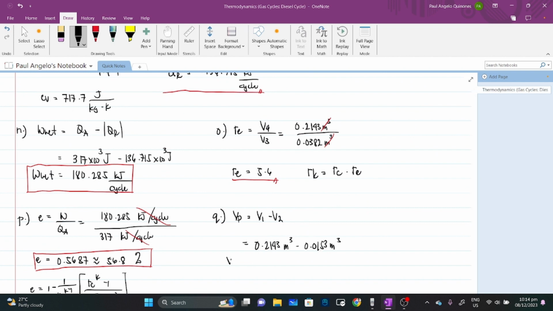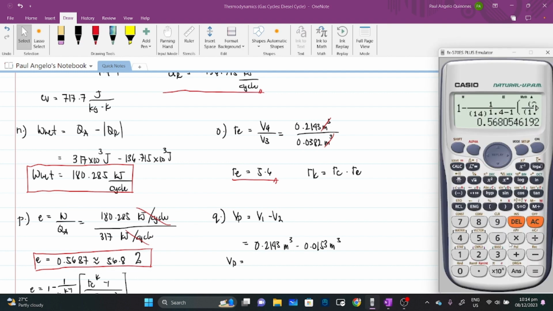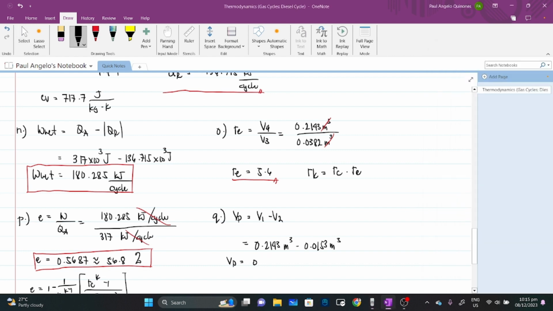So the volume displacement is 0.2143 minus 0.0153, which is 0.199 cubic meters.